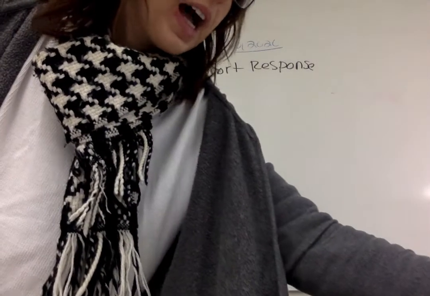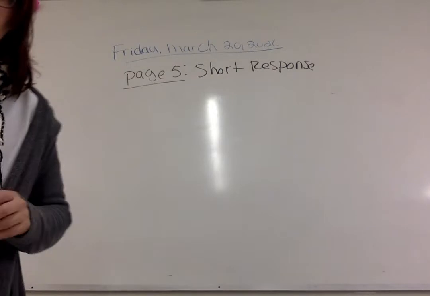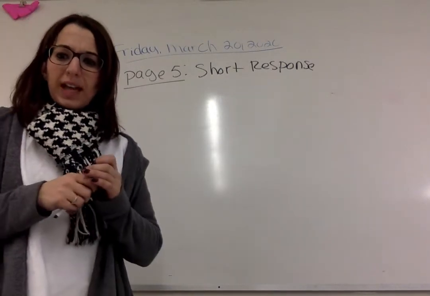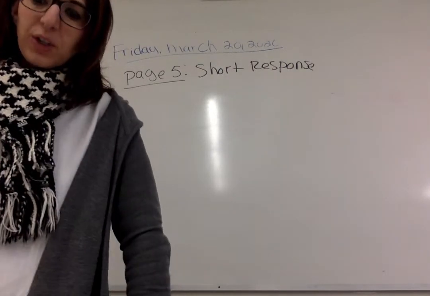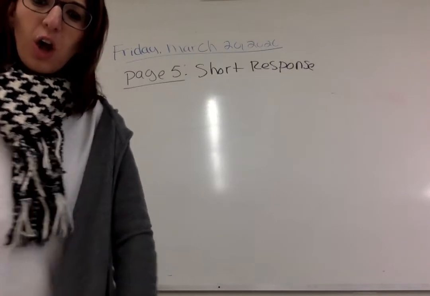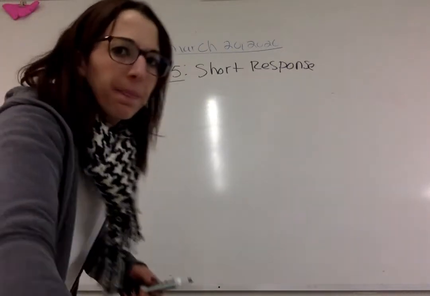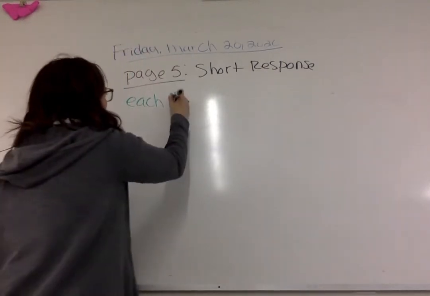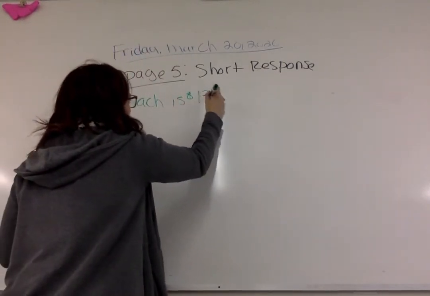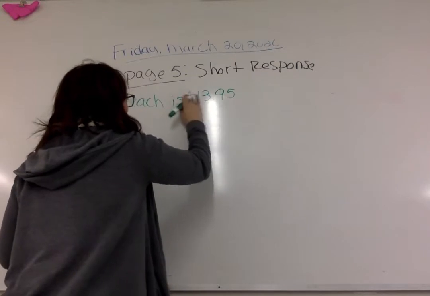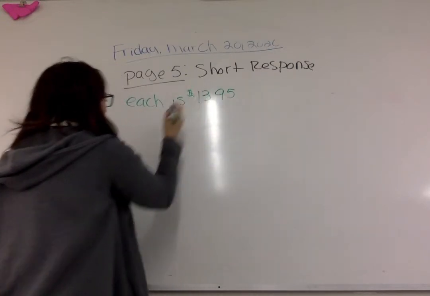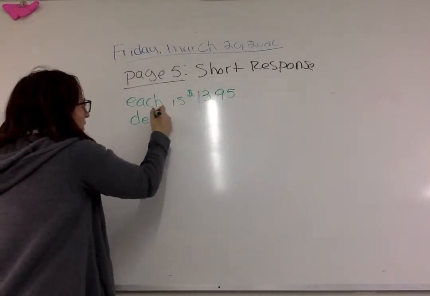All right, let's look at what we got here. We have Mr. Haas ordered lunches to be delivered at his school, workplace for his colleagues and other teachers. The cost of each lunch, so we're going to write each lunch on my paper, is $13.95. That's each lunch. There is a delivery fee.